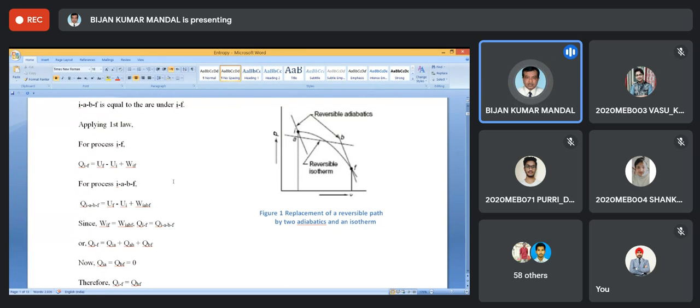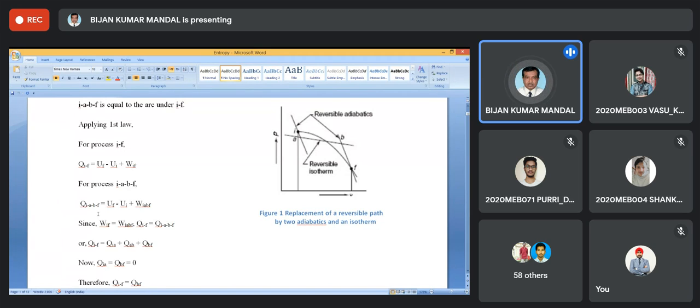Now for the replaced path IABF, we again apply the first law, but instead of IF we write IABF. It is between the same initial and final points, therefore the change in internal energy remains the same, UF minus UI.